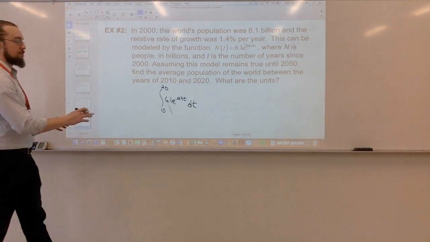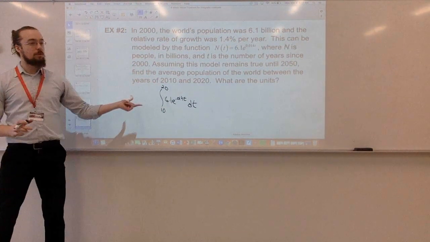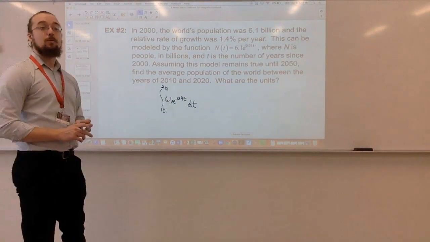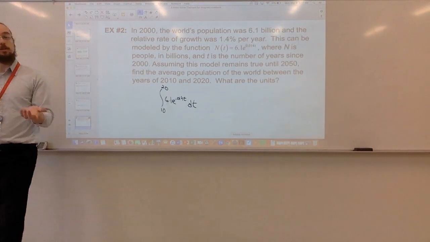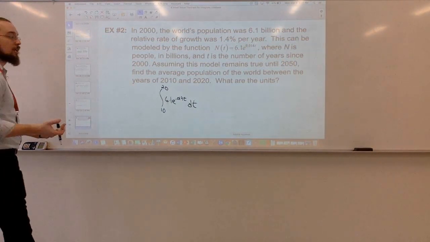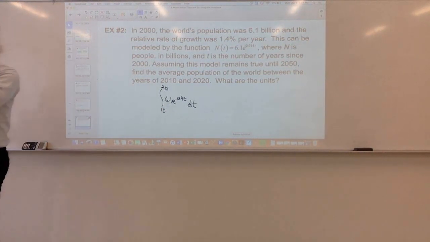So first, before we talk about average value, what would this integral get me if I just found this integral? It would get me the change in population from 2010 to 2020, the total population change. But now if I want the average population, what should I do?